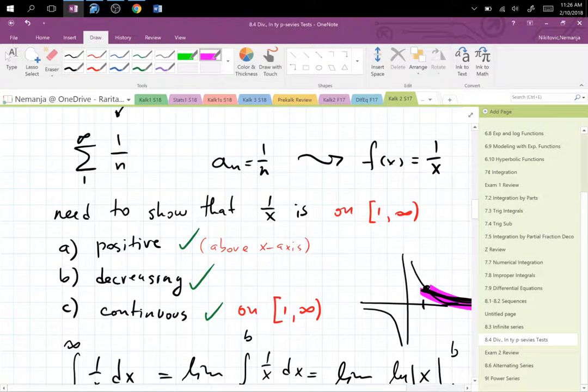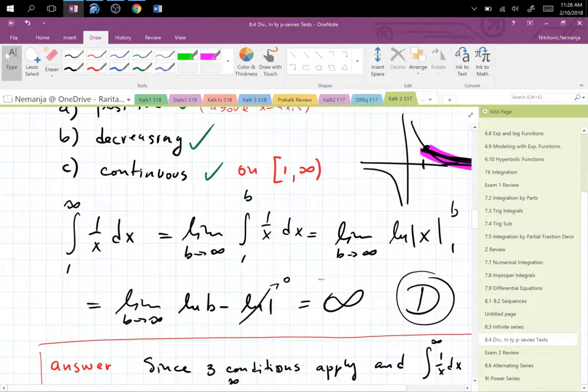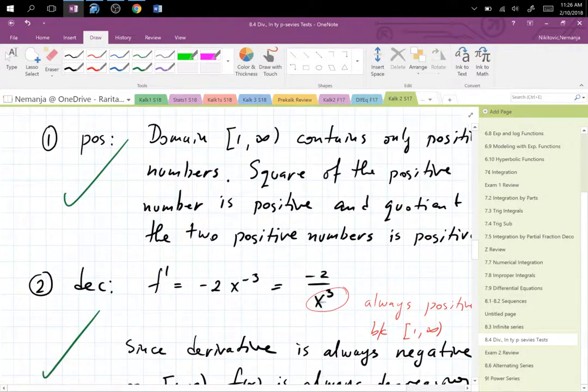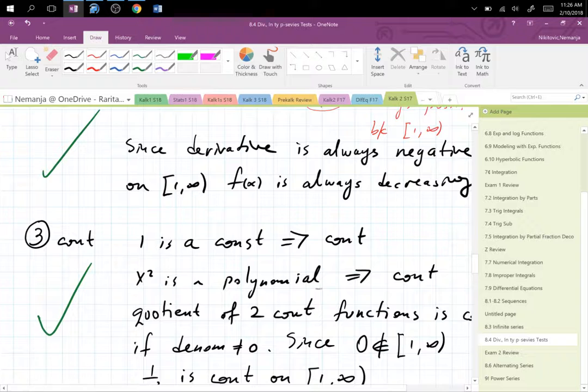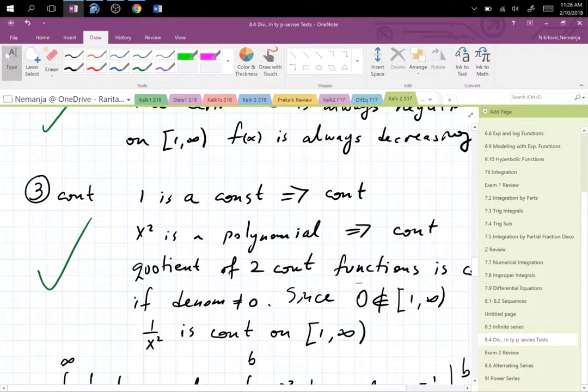So now, when you have this as a precursor to do the problem, step number 3 to solve a problem is to prove that the function that you're looking at is continuous so that you can use the theorem of the integral test to do whatever Calc 2 wants you to do.